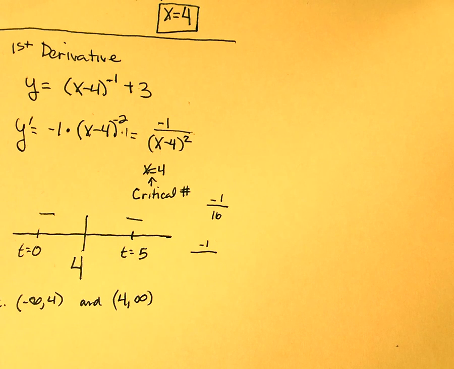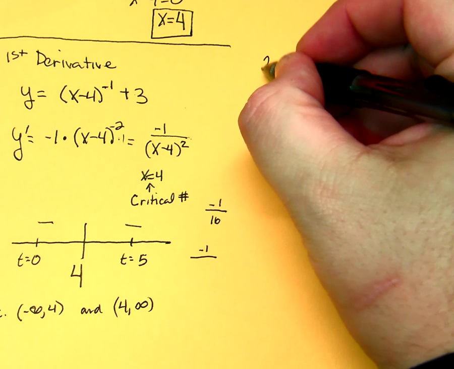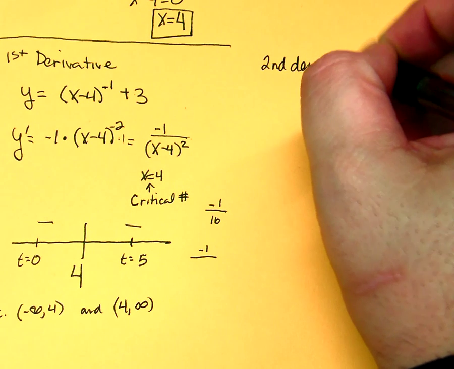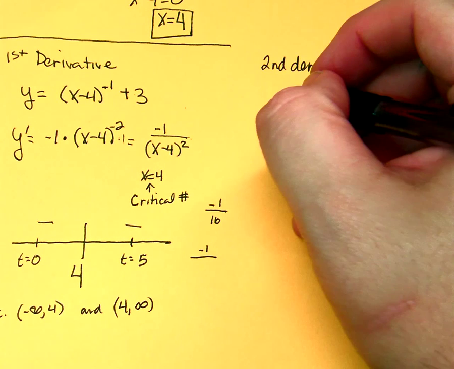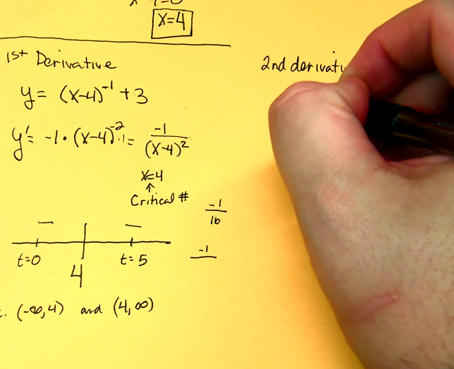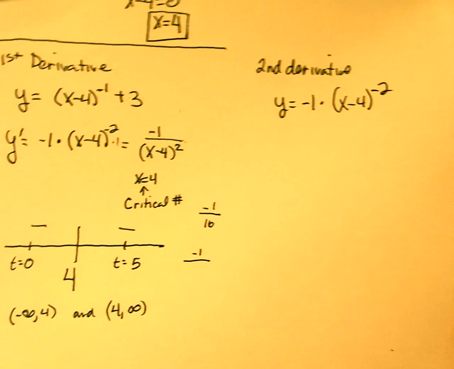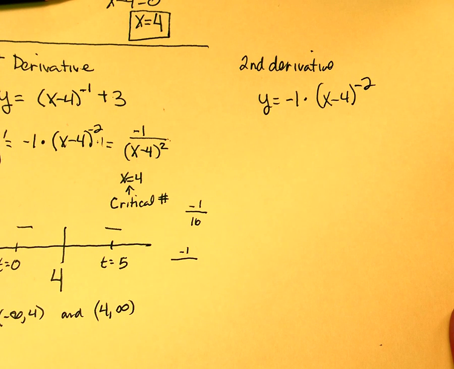Let's take the second derivative. I'm going to take this, y is equal to negative 1 times x minus 4 to the negative 2, and I want to take that derivative because that would be a whole lot easier than doing a quotient rule, even though the quotient rule will work out just fine.